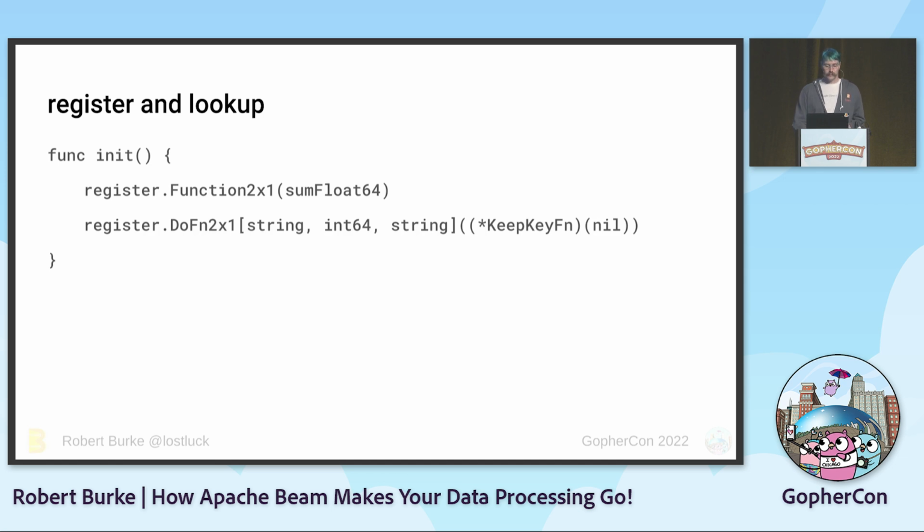Functional DoFns or structural DoFns with the ProcessElement method have additional methods as well that I have not mentioned in this talk that we need to check and make sure they match with the ProcessElement method. And this complication ends up requiring that the generic function has manually specified types.